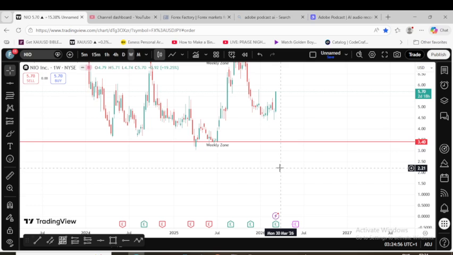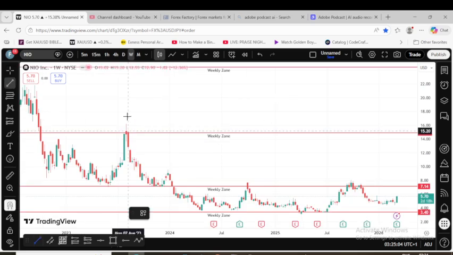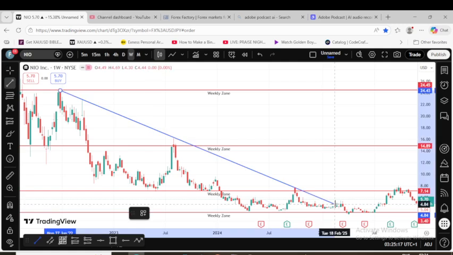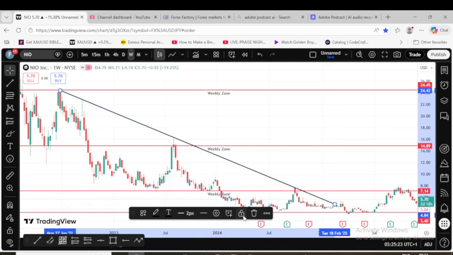So on the 1 week time frame, we can draw a trend line like this. This is our weekly trend line.